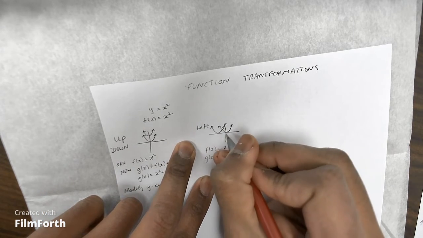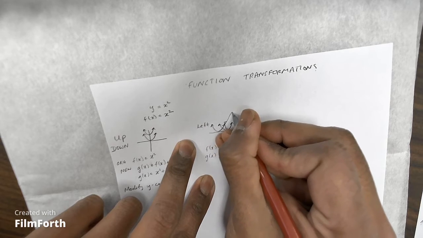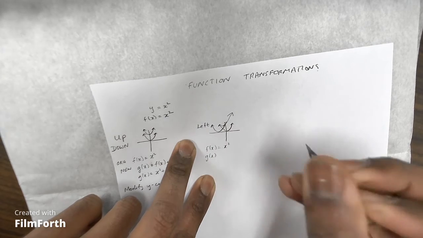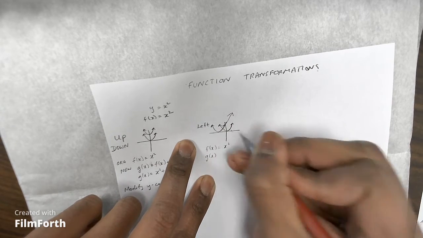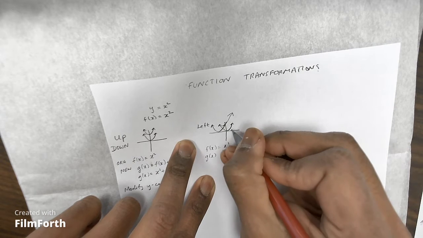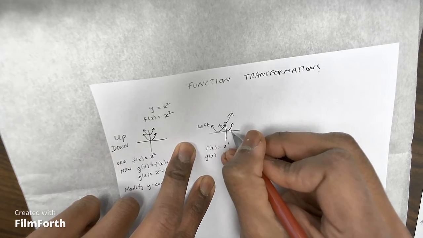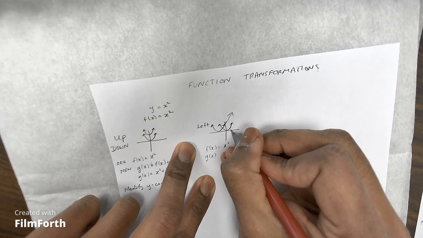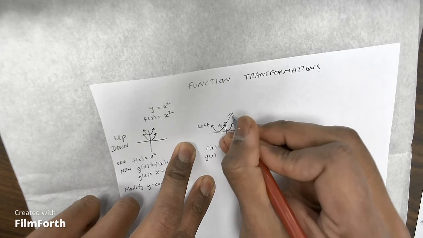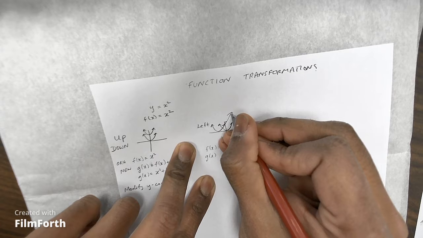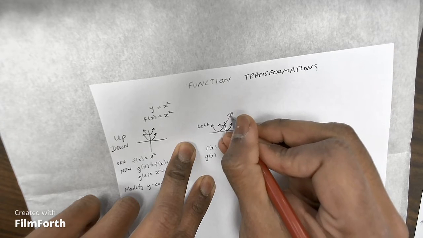If you notice, the new function is going way up there. Say x was 1, and 1 squared is 1, right? But now, at x equals 1, the output is really far up there.